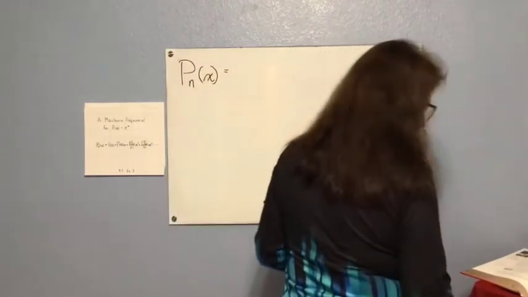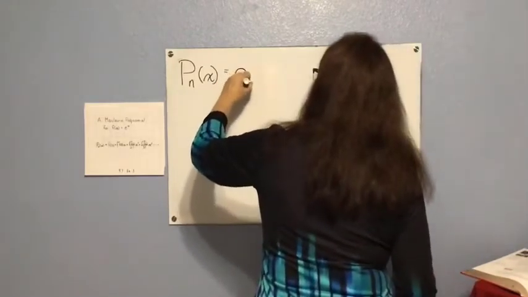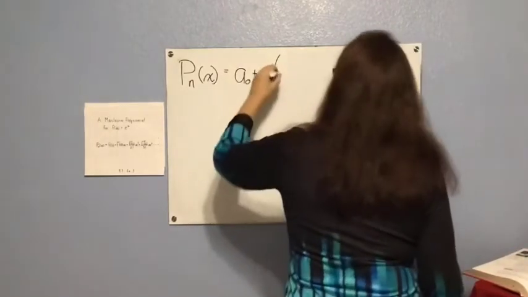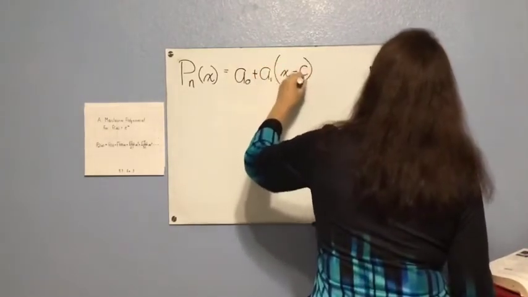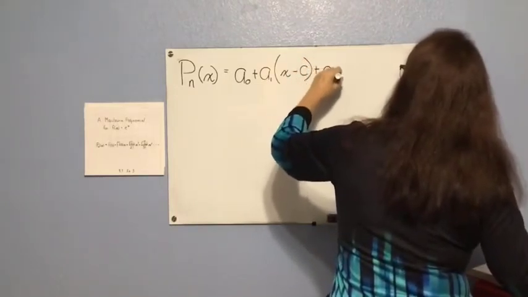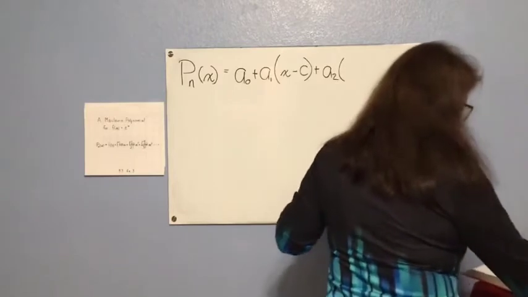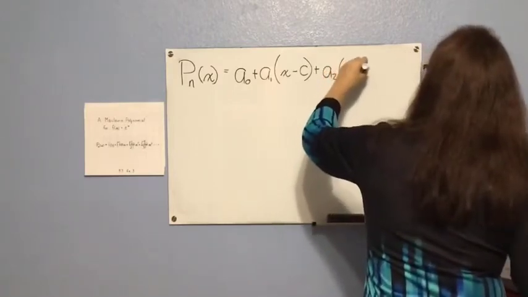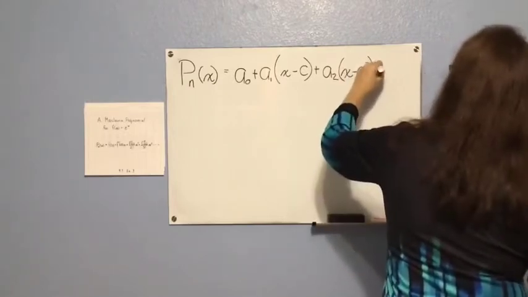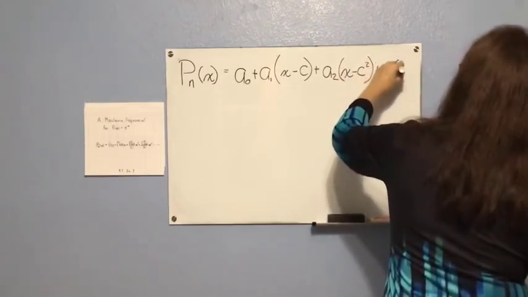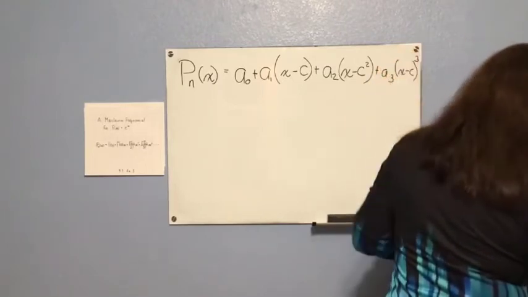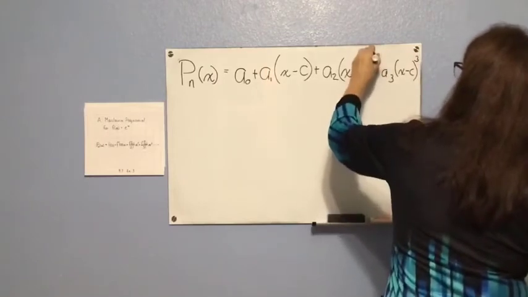P sub n of x is equal to a sub 0 plus a sub 1 times x minus c plus a sub 2 times x minus c squared plus a sub 3 times x minus c to the third.